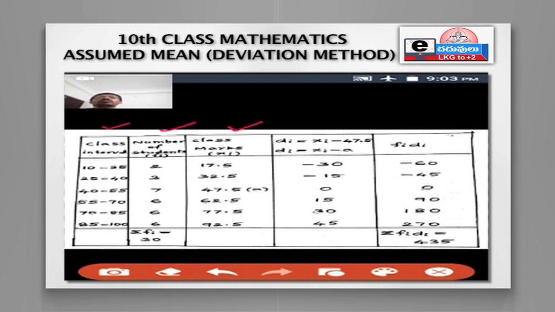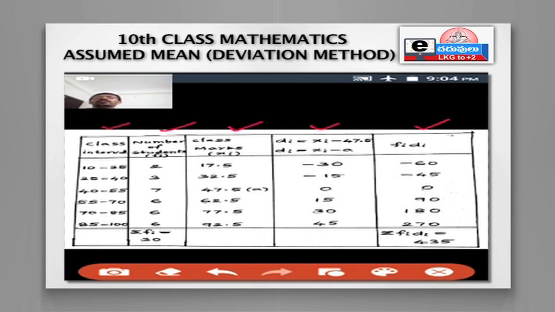Fourth column is deviations di, that is di is equal to xi minus 47.5, or we can write di is equal to xi minus A, and fifth column is fi into di. Here we write class interval and number of students as they are in the given problem.